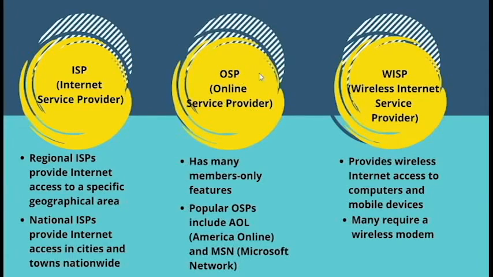And then we have also the other providers. We have the OSP, the online service provider, which has many members-only features. Popular OSP apps include AOL, America Online, and MSN, Microsoft Network. And then the last is the wireless internet service provider, the WISP, which provides wireless internet access to computers and mobile devices.